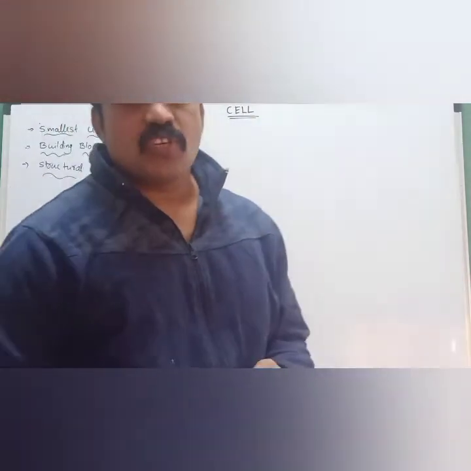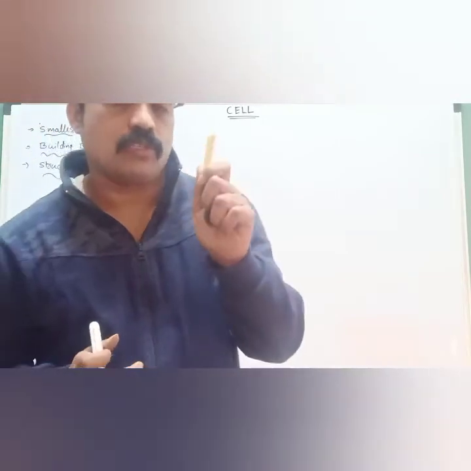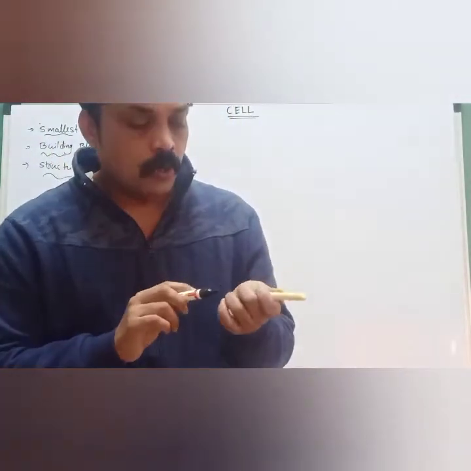How can you say this is the structural and functional unit of life? First of all, what is a cell? As per chemistry, if you observe, this is a piece of chalk. We can call it a chalk piece, or an object.